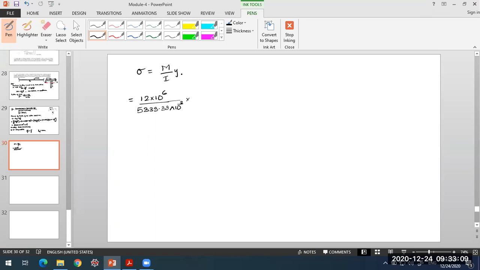So into 40 mm, right? So this will tell us sigma, the maximum compressive stress in the beam. So 12 into 10 raised to 6 divided by 533.33 into 10 to the power 3 into y top, that is 40 mm. So we are getting this as 90.0 Newton per mm square. Okay, so this is compressive.